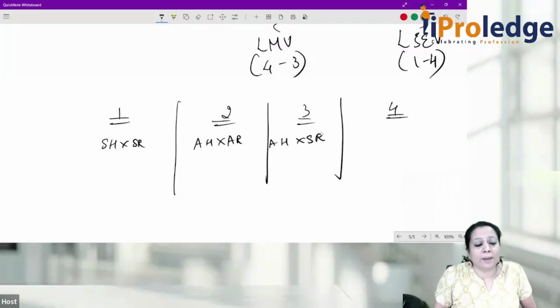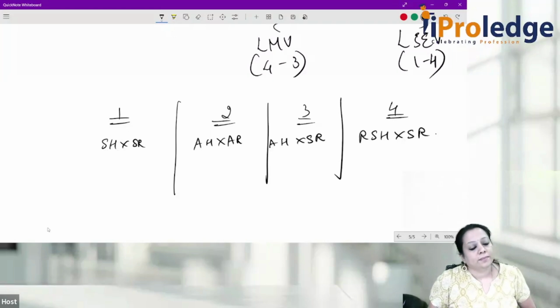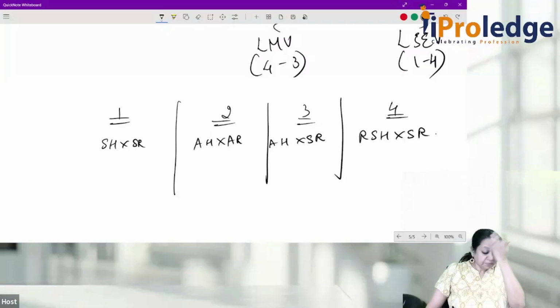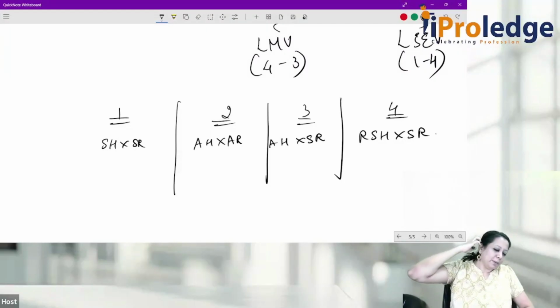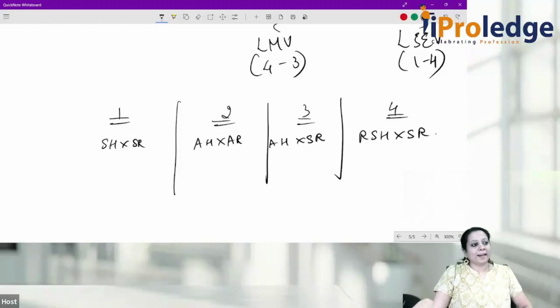That is the benefit of this chart. So RSH into SR. Of course, in this problem we don't need 4. I have simply written that as a part of the chart.